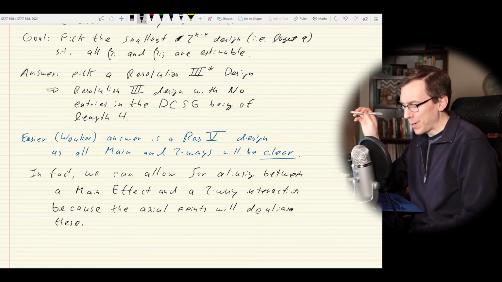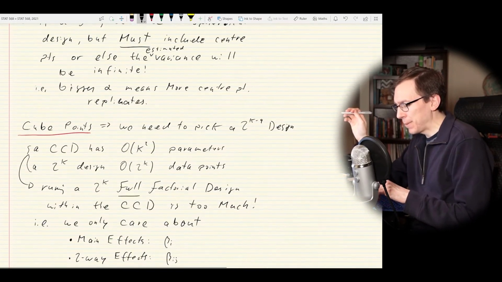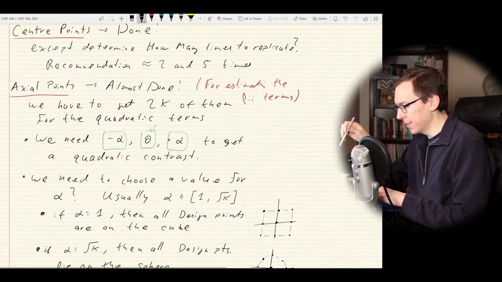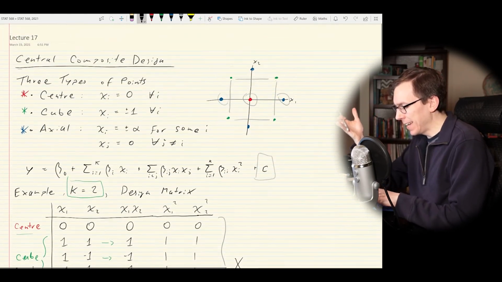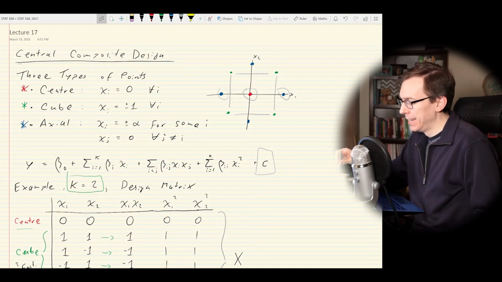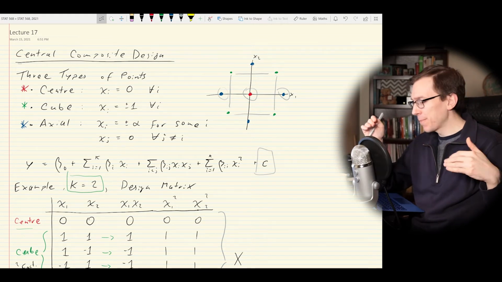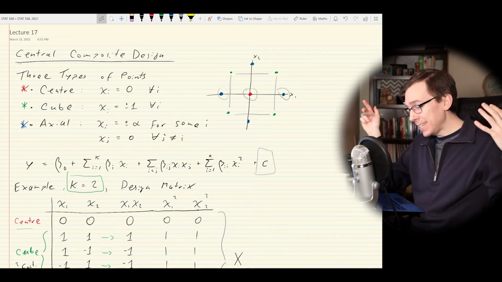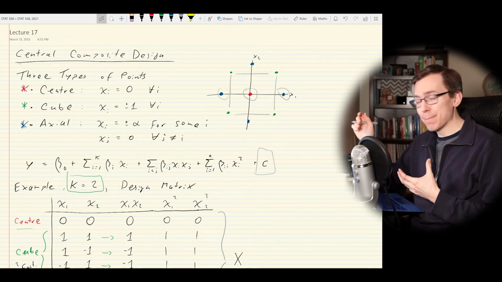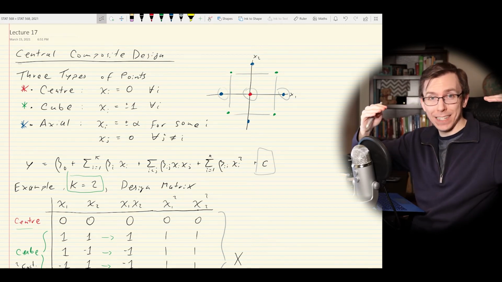So because we have the axial points, remember the axial points stretch out along, well, the axes. And if we jump back to the very top, that means that we have extra information about all of the main effects because we actually don't need any cube points to estimate the main effects because we have 3 points in a line.